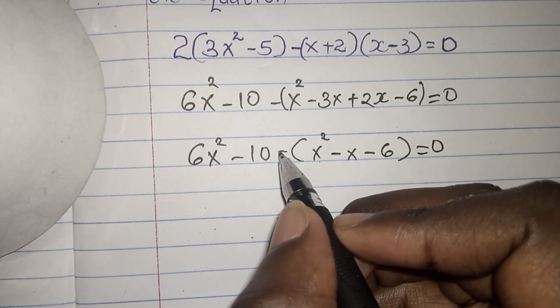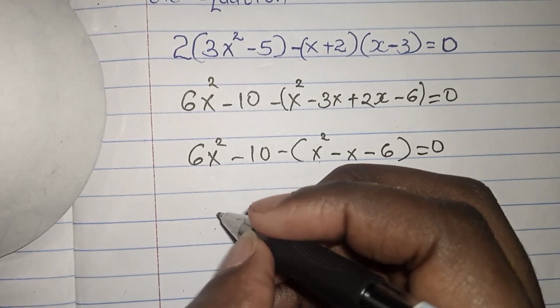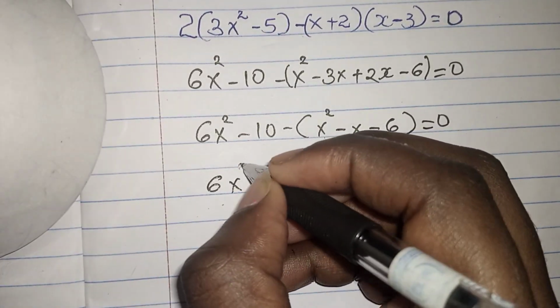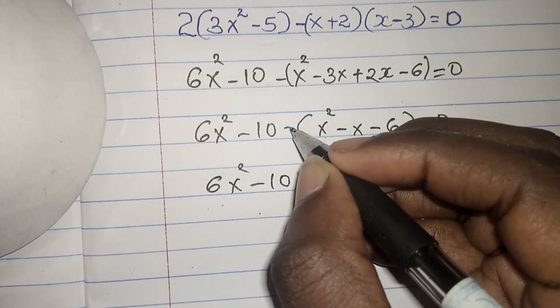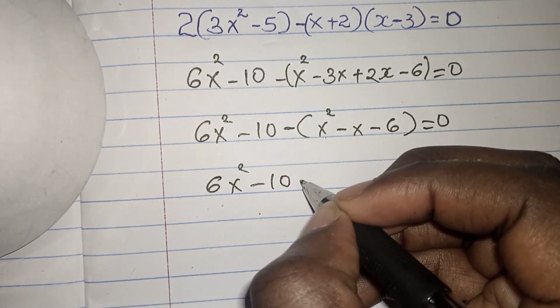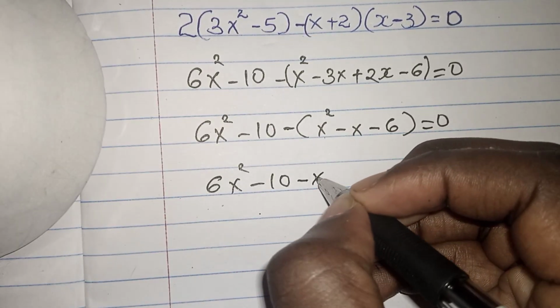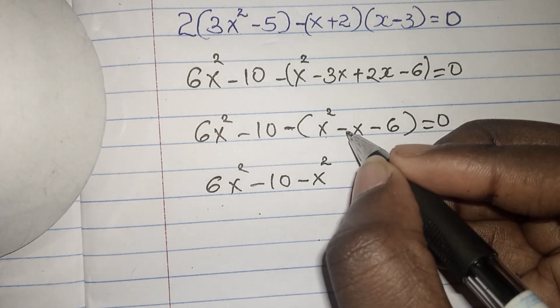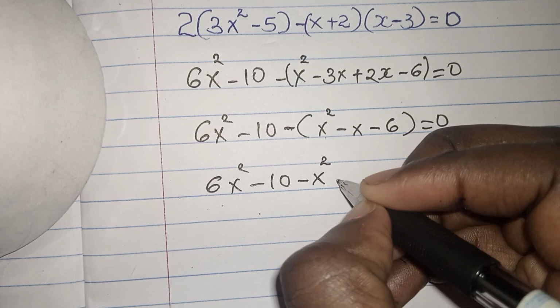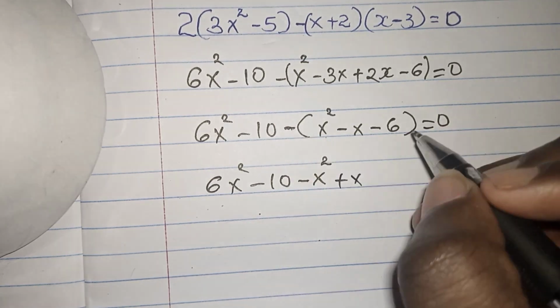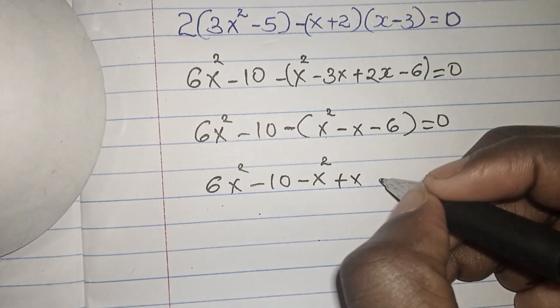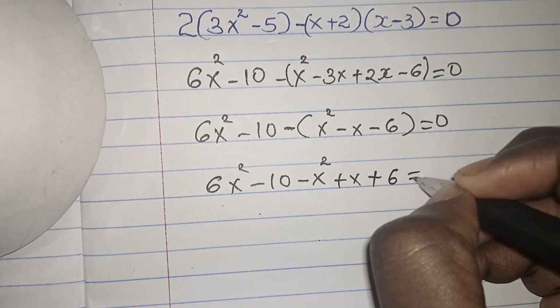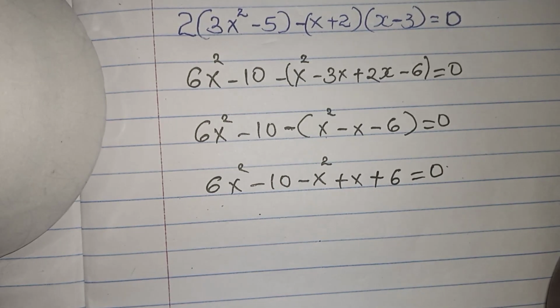So my next step, I want to open this bracket. 6x squared minus 10. This is negative, so this will remain as x squared. Negative, this is like negative times negative x. This gives me positive x. Negative times negative 6 gives me plus 6 is equals to 0, right?